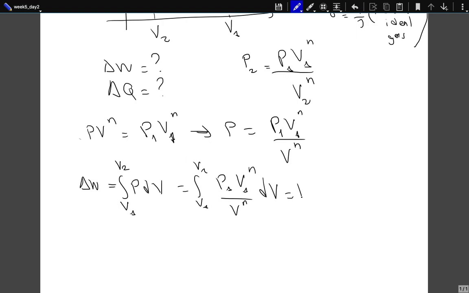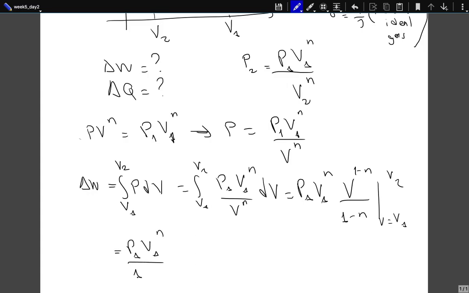This is P1 V1 to the n, V to the 1 minus n, with V from V1 to V2. And so this is equal to P1 V1 to the n divided by 1 minus n times V2 to the 1 minus n minus V1 to the power 1 minus n. This is delta W.